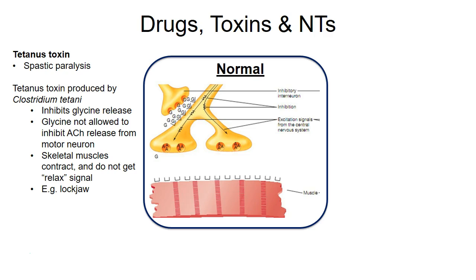This tetanus toxin, what it does is it takes out the brakes. So if we take out the brakes here, what is that going to do to the amount of acetylcholine released by the motor neurons? Is that going to go up or down? It should go up, right? So think about a car that's driving along. If you take out the brakes, it's probably more likely to go faster, right? Not slow down. Okay?